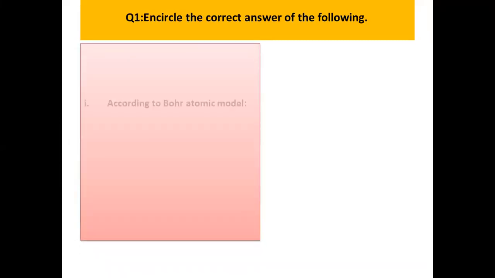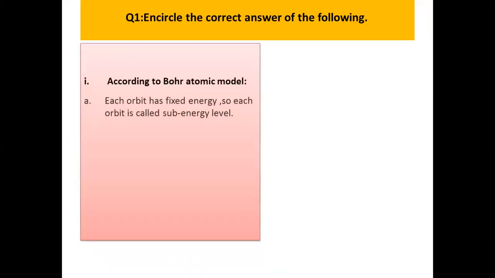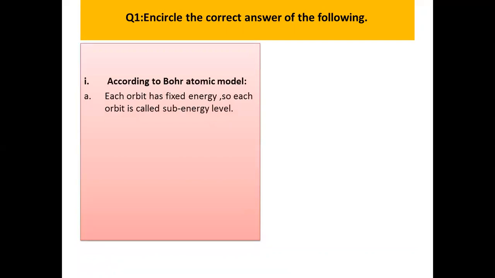First MCQ is, according to Bohr atomic model, each orbit has fixed energy, so each orbit is called sub-energy level. Is this statement true according to Bohr atomic model? The answer is no. Why?